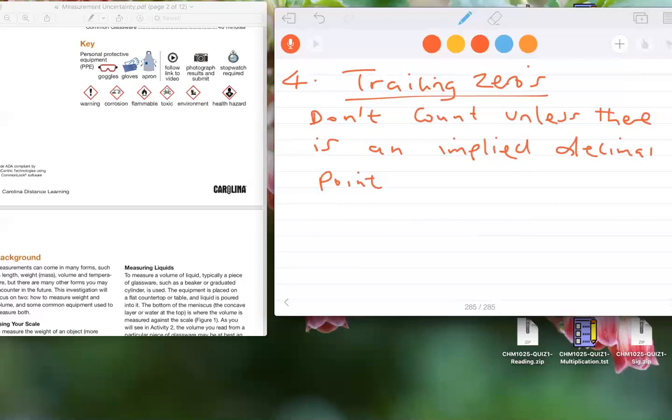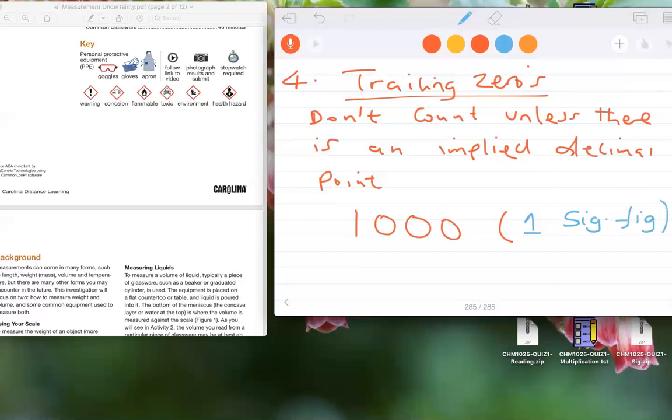This is a trailing zero. If I have 1, 0, 0, 0, I don't see any implied decimal, so this has one significant figure.